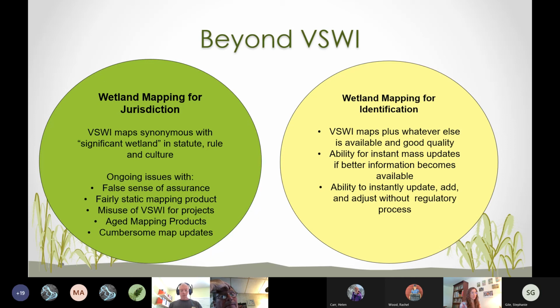So if a big mapping update comes in, NWI comes out with a new map, or we're doing EPA funded mapping projects in different watersheds in the state, those can automatically be put on these non-VSWI layers. And we don't have to go through any sort of process to add or subtract to that. We can just have that product available.